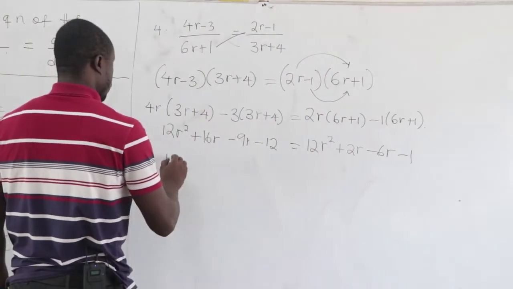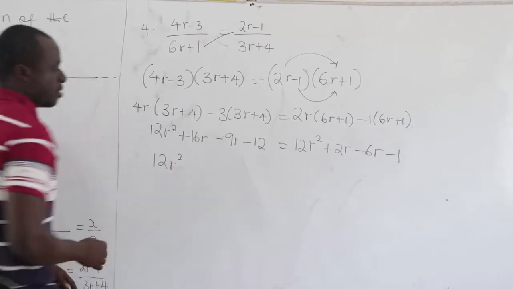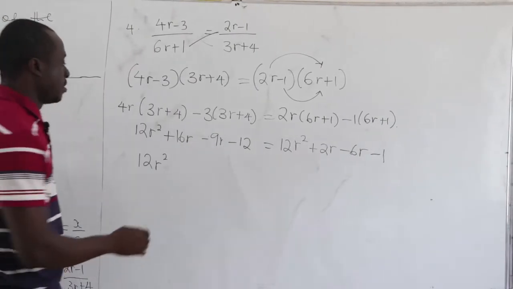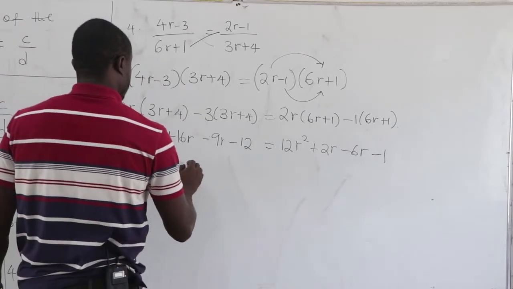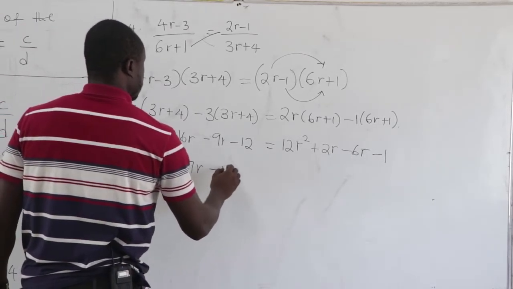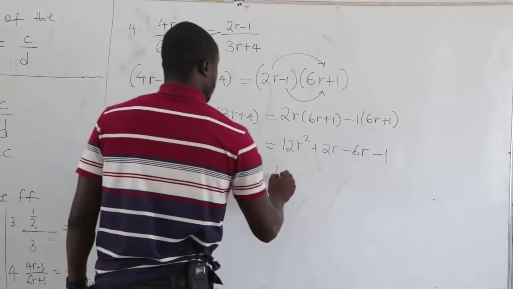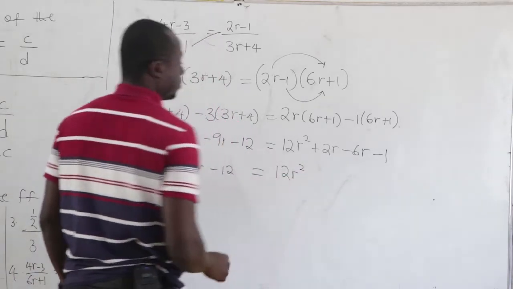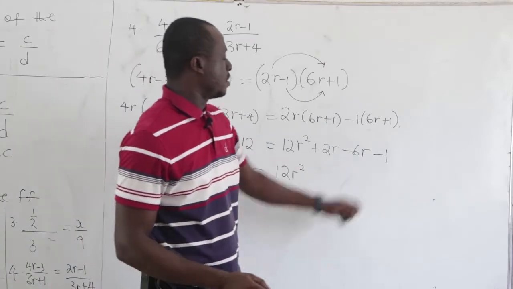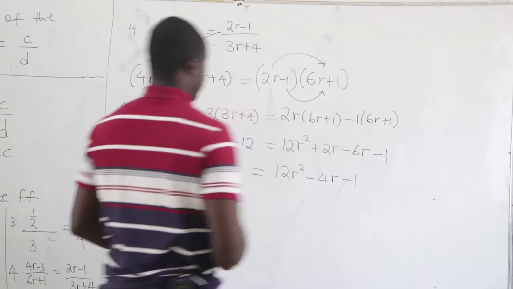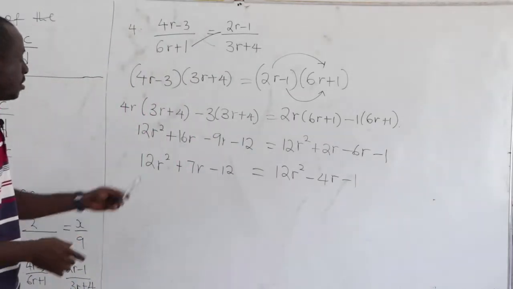Now, let's see, we have 12r squared. Now, what is 16r minus 9r? That is plus 7r minus 12, equal to 12r squared. Now, what is 2r minus 6r? This is giving us negative 4r minus 1.